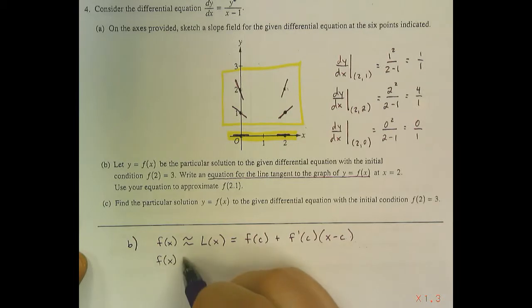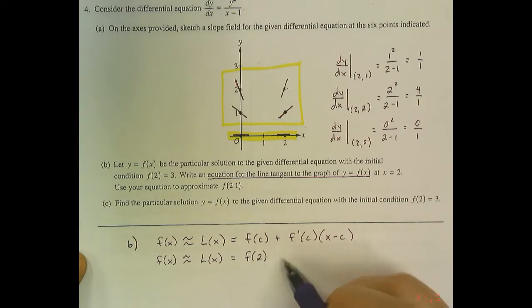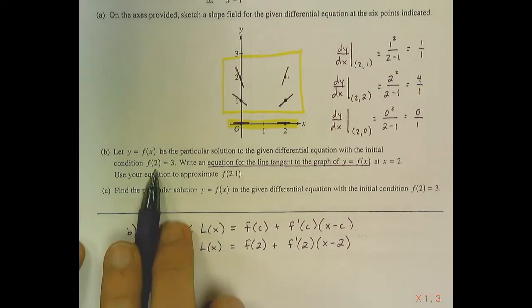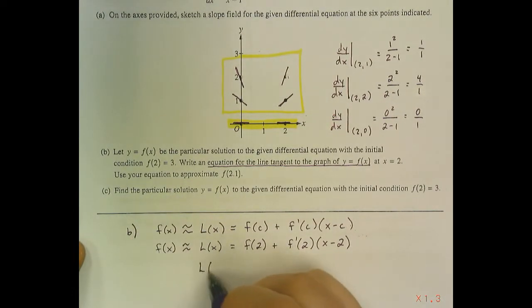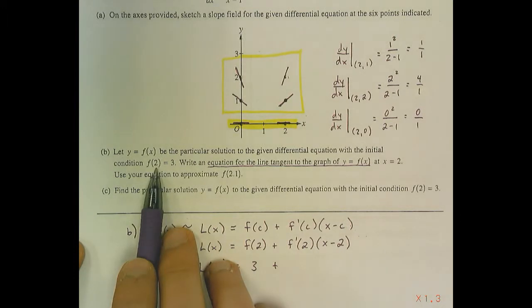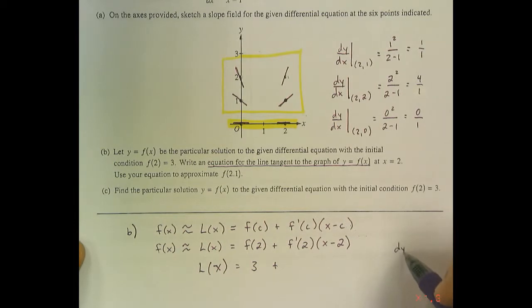So f of x is approximated by L of x, which is f of 2 plus f prime of 2 times x minus 2. f of 2 they give us. f of 2 is 3. So f of 2 we replace with 3. And then f prime of 2, this is asking what is the slope at x equals 2, more specifically at (2, 3). So off to the side, we're going to find what is the slope at (2, 3).